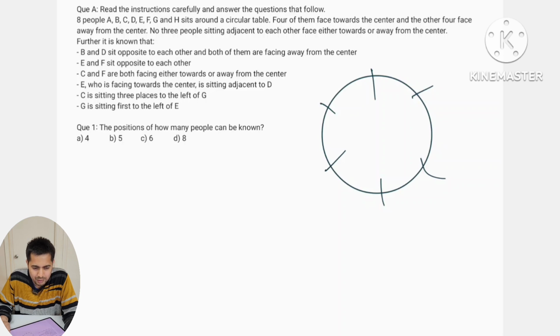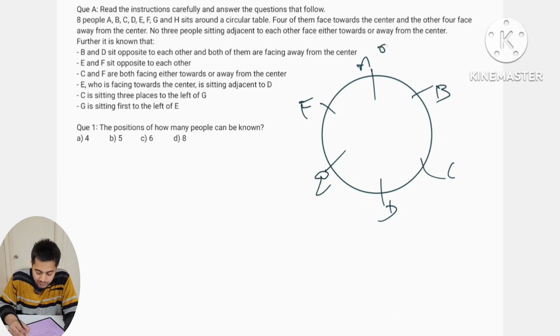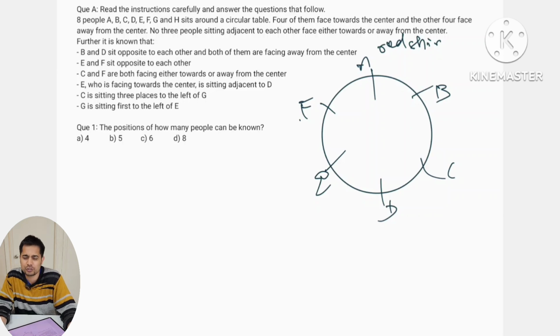For example, in a bit more difficult question it might be given that A, B, C, D, E, F are the 6 people sitting, and A is wearing a red shirt, or B visits Apollo hospital, F visits, let us say, some government hospital. Different kinds of attributes will be given. So that's how you have to solve these questions.